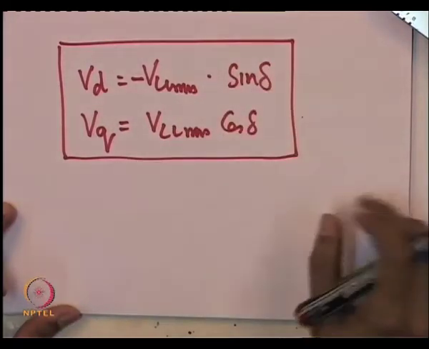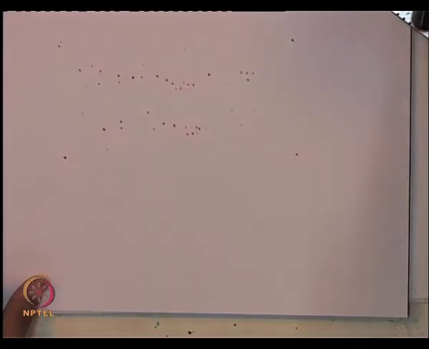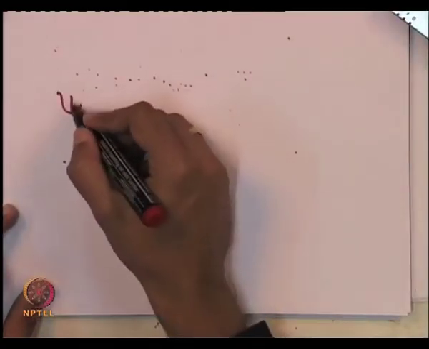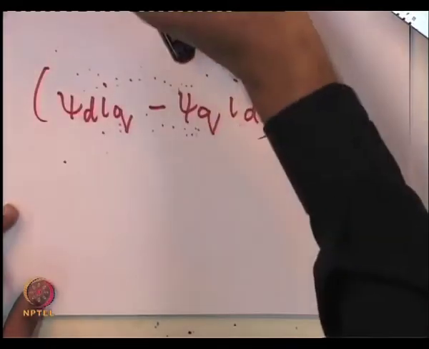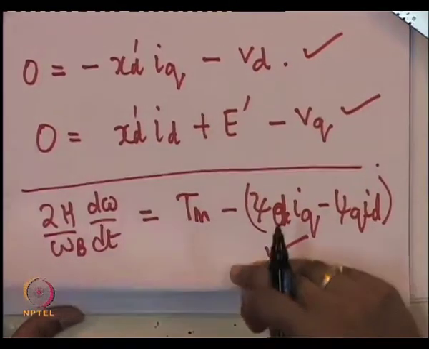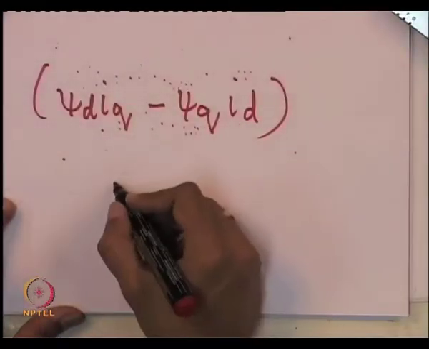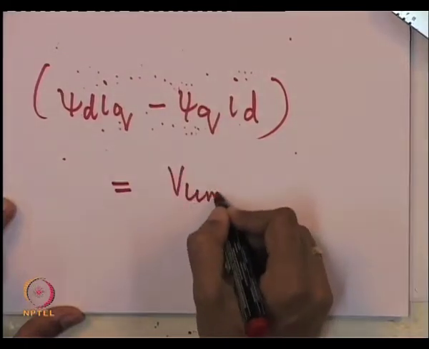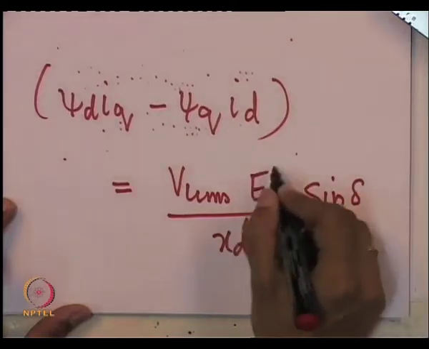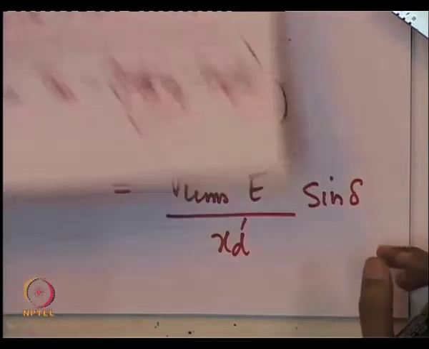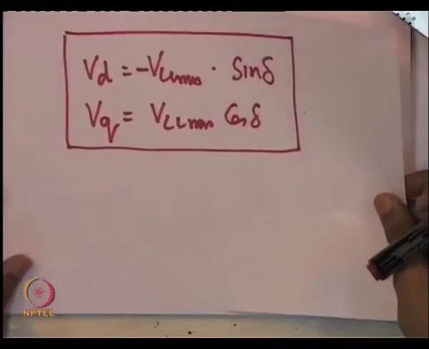If this is true, then it is quite easy to show, from all the equations which we have got, that psi d I q minus psi q I d, which is the electromagnetic torque, is nothing but V line to line RMS by x d dash into E dash sine delta. And this is what we have.